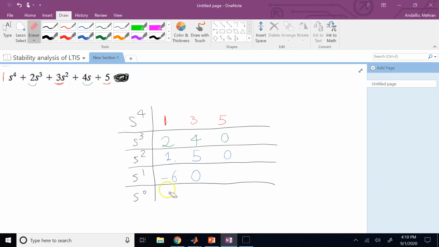And finally, we go to the last column. For the last column, you use negative 6 and 1, 5 and 0, so it is going to be negative 6 times 5 minus 1 times 0 divided by negative 6, which is going to be 5. Okay, so I write 5 down here.